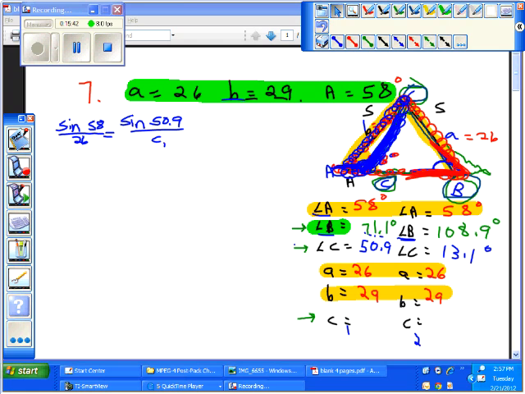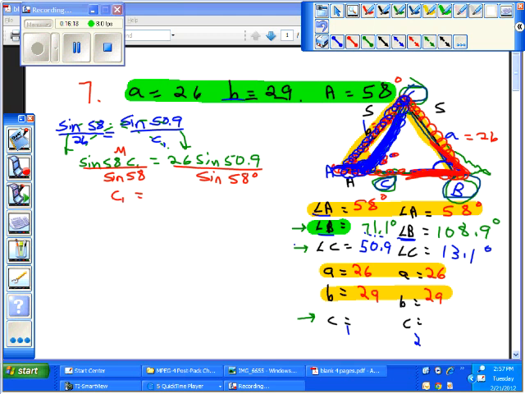So we're going to say little c choice 1. And then we're going to cross multiply, and we're going to have sine 58 degrees times choice 1 for little c is equal to 26 sine 50.9. And then we want the stuff off of little c, so we're going to undo the multiplication of sine 58 by dividing by sine 58.